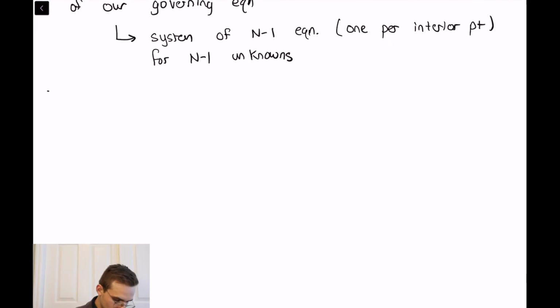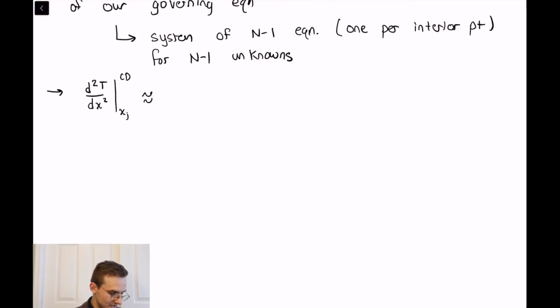So we want to have some sort of discrete representation of the second derivative of the temperature, okay? Evaluated at one of the interior points x_j, okay? And I'll just put a superscript CD here to stand for central difference.